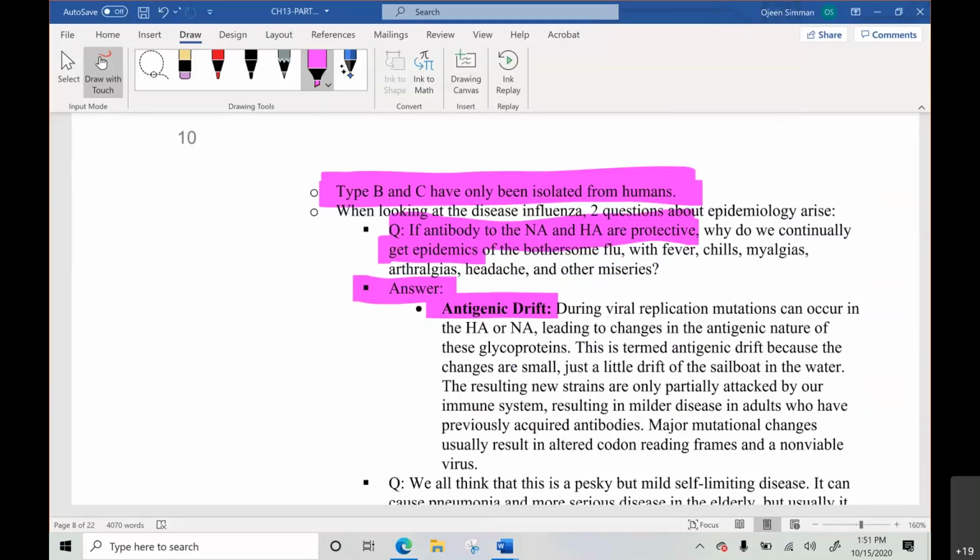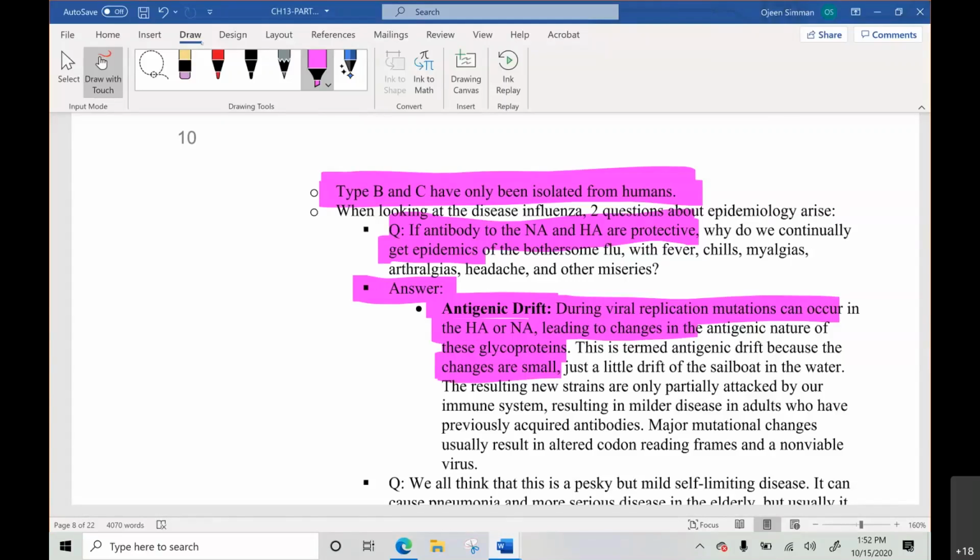During antigenic drift, during viral replication, mutations can occur on the neuraminidase or hemagglutinin spikes, leading to changes in these antigenic glycoproteins. This is called antigenic drift because the changes are small.